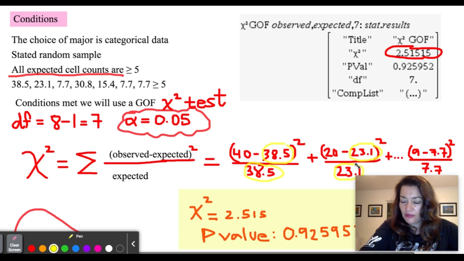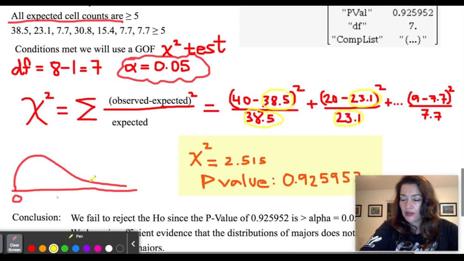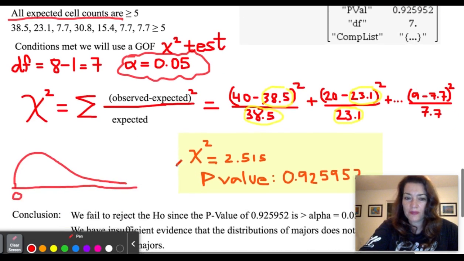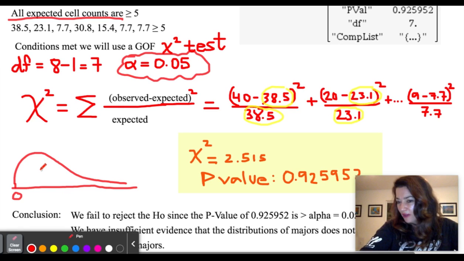Now, if you guess that the reason why our chi-square is always positive is because we are squaring and then dividing by a positive number, that's right. So our chi-square is always going to be a positive number, and in this case, it is 2.515. So it is not like the normal curve where 2.5 standard deviations would be pretty significant.